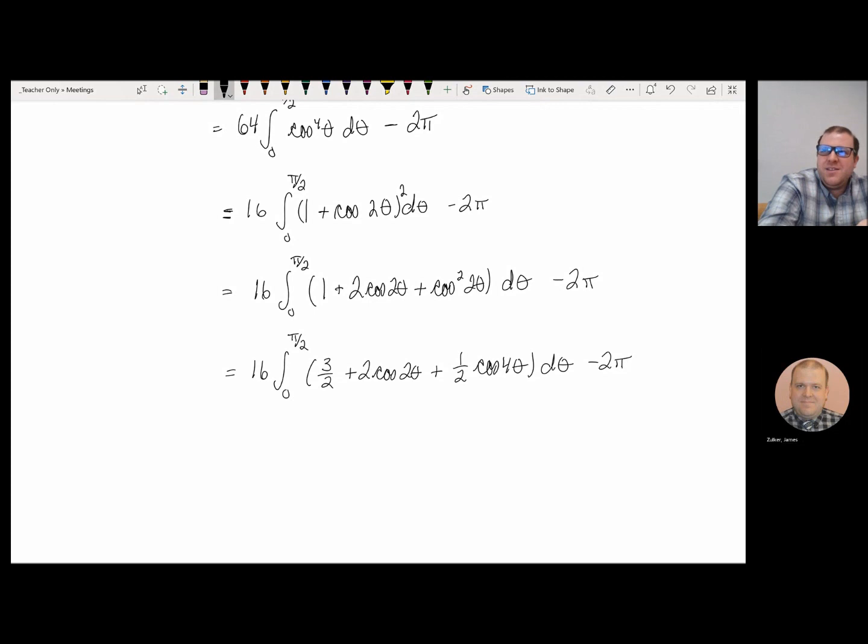So cosine of 2 theta would be... You did the wrong operation. It's pi. You divide by the coefficient. 2 pi over 2. So what's the period of cosine of 4 theta? It'd be 2 pi over 4, which is pi over 2.